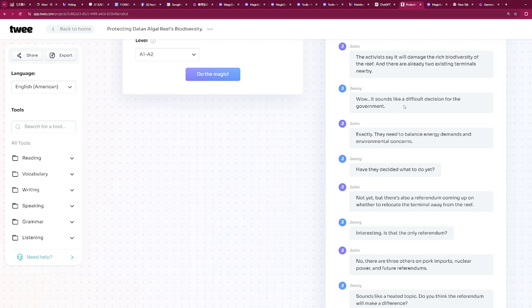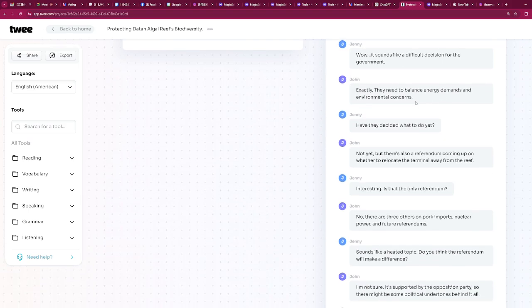Wow, it sounds like a difficult decision for the government. John says, exactly, the need to balance energy demands and environmental concerns. Jenny says, have they decided what to do yet? Not yet, but there's a referendum coming up on whether to relocate the terminal away from the reef.